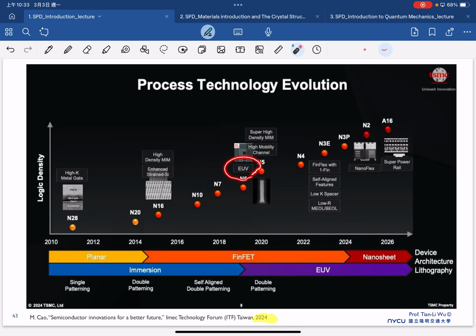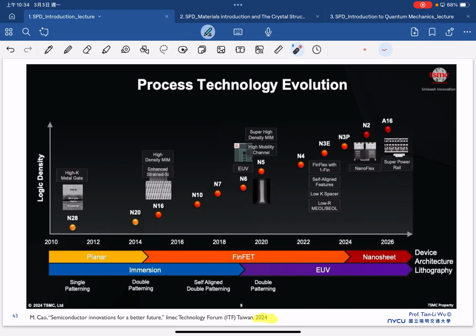These are also very well known in the news. And then beyond N4 and N3, we have the different FinFET, self-aligned, low-K, and even the low resistance back-end-of-line technology. And then we have this NanoFlex, and also we have the backside powering.